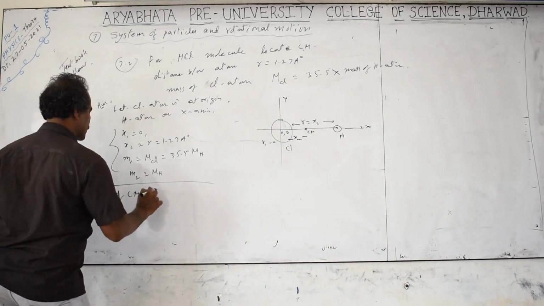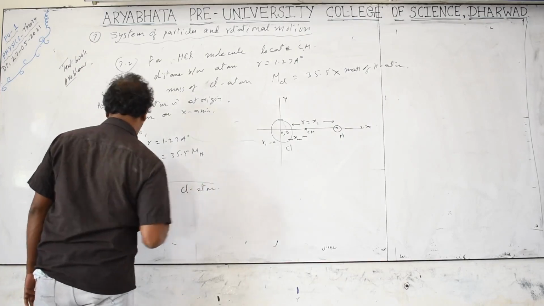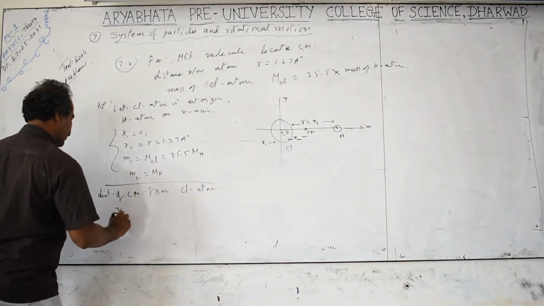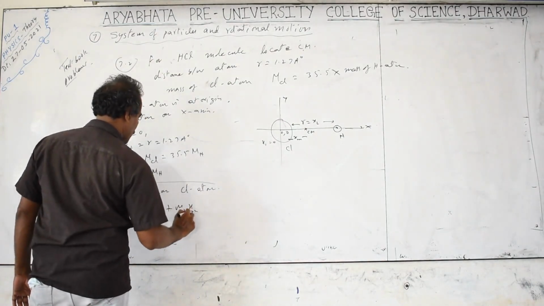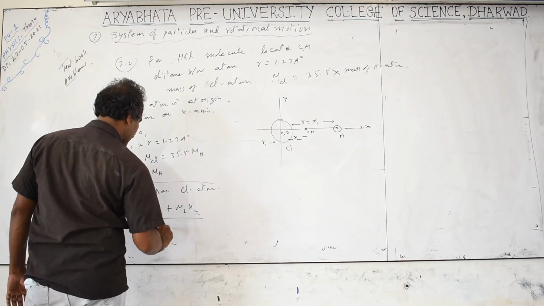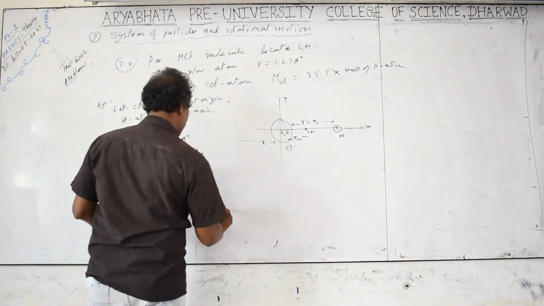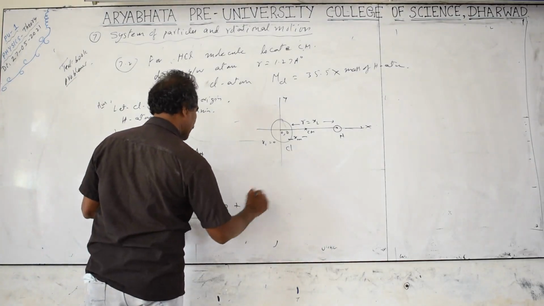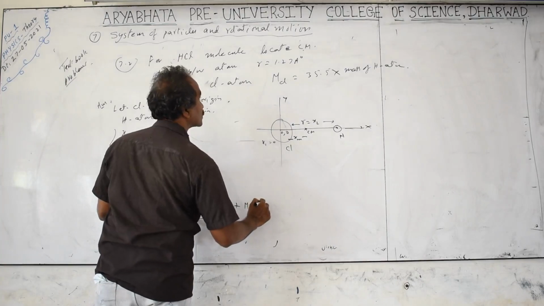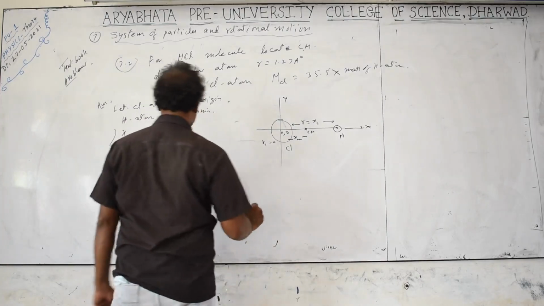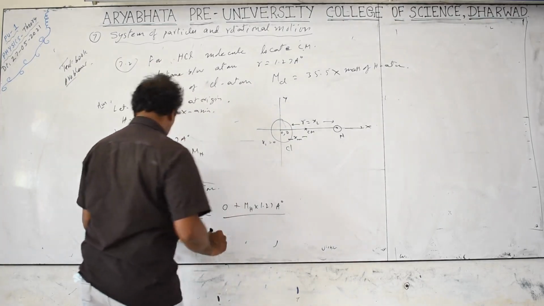The center of mass from the chlorine atom, that means the origin, is xcm equal to m1 x1 plus m2 x2 by the total mass, m1 plus m2. That means this is 0 plus m2, the mass of the hydrogen, into x2, which is R, that is 1.27 angstroms, by m1 plus m2.